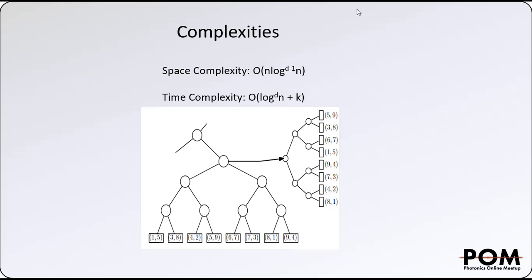So space complexity is not so good, but time complexity is much better, which is O(log^d n + k), where n is the total number of nodes, d is the number of dimensions of the range tree that we are working on, and k is the number of results required. If we have millions of results for a range query, we can specify k, say we want the top 10 or top 100 results. So this is the time complexity of the range tree.